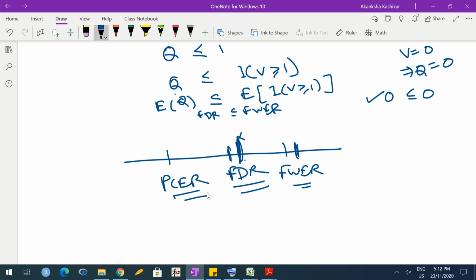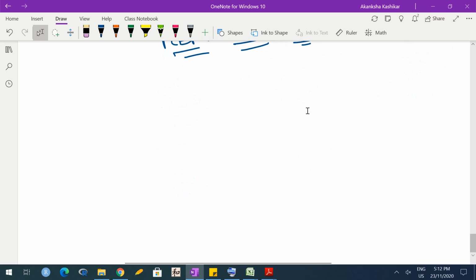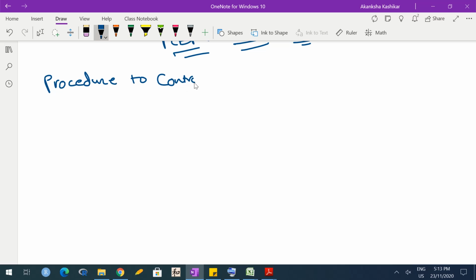But at the same time, it does keep PCER and FDR in control. Okay. So what is the method to control FDR? Let us write down this procedure. We'll discuss the procedure, but we won't discuss how it controls FDR below alpha level because it is quite a complicated proof. So we will just study the procedure. So procedure to control FDR.